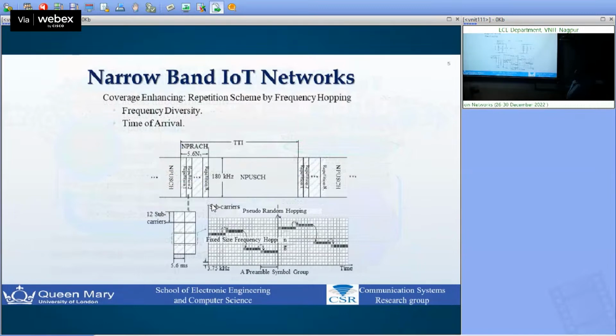This is the way that IoT devices transmit to the base station. Here I haven't considered anything about channel estimation. That is a separate issue. Here it is about how one device establishes the connection with the base station and how to transmit the data.